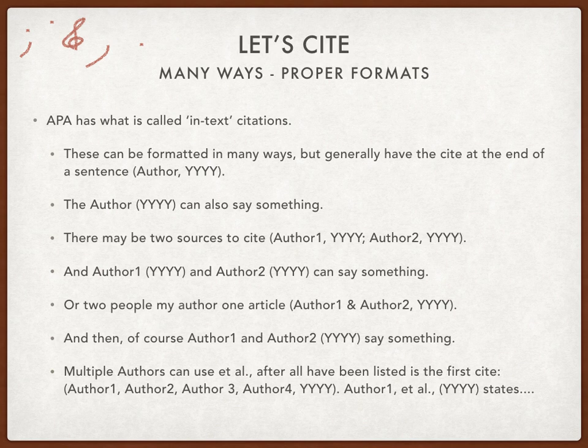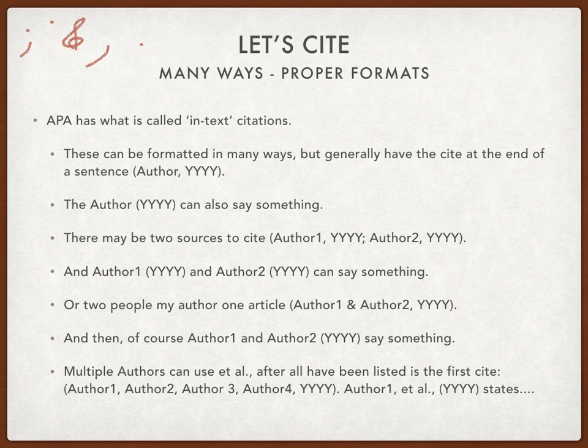Well, you may have two people that have authored one article. So this is how you cite that one. Author 1, ampersand, author 2, comma, year, close that parentheses and put the period. You can also just put author 1, comma, author 2, comma, and the year.